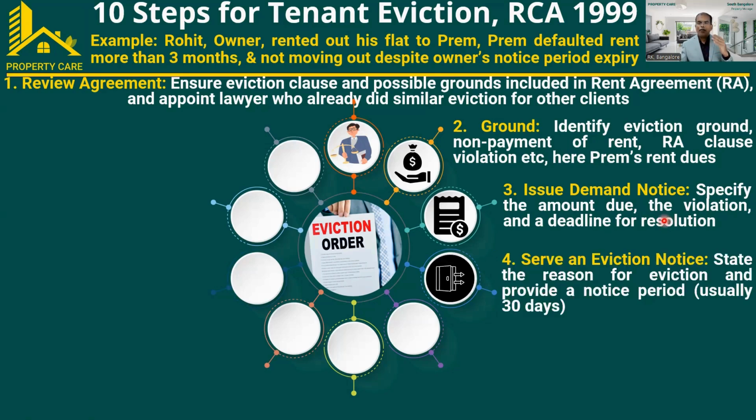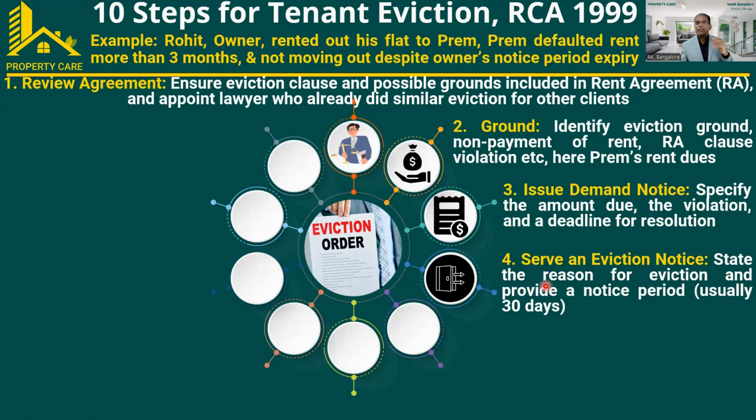After that deadline expires, for example, we are giving 30 days and that has also expired, and he is not ready to pay the dues, or not ready to move out, now the eviction notice comes into the picture. State the reason for eviction and provide a notice period, usually 30 days.